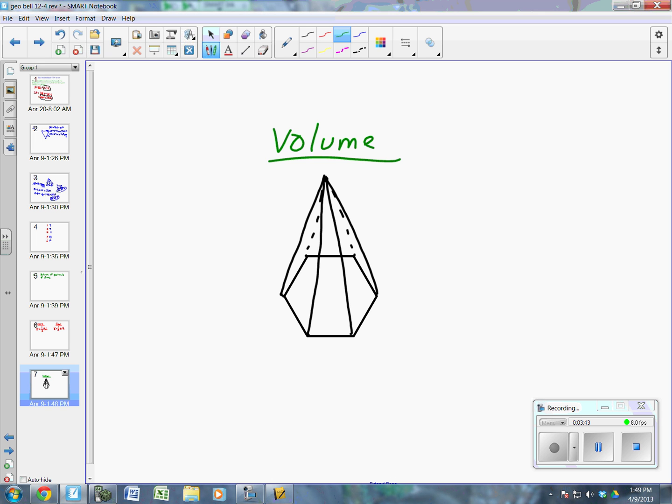Well, to find the area of the base, what shape is the base, you guys? Hexagon. So on your paper, everybody look at your reference sheet. What formula are we looking to use? What formula is that, Jessica? Everybody, where is that located on there?